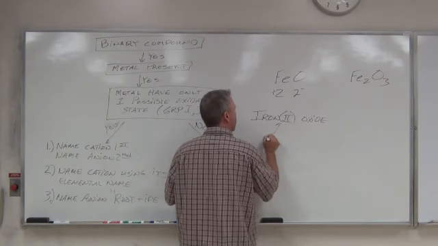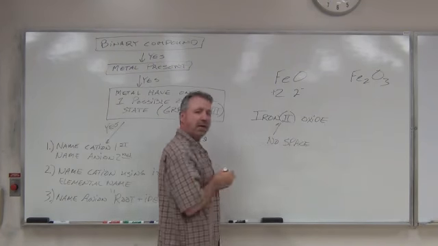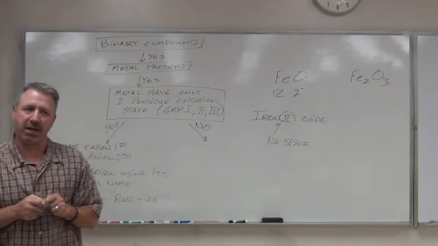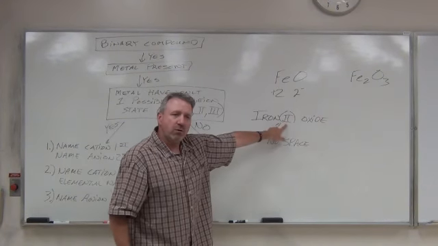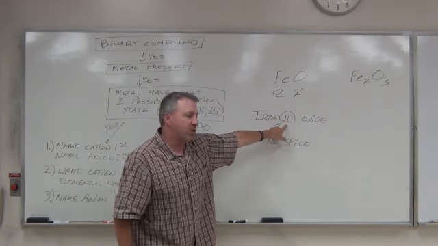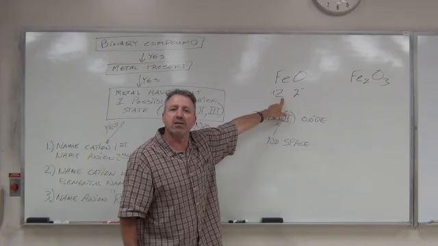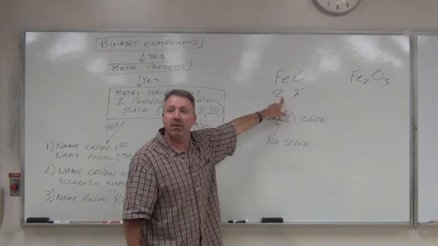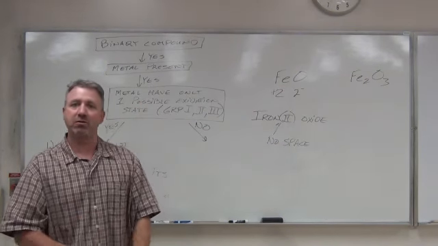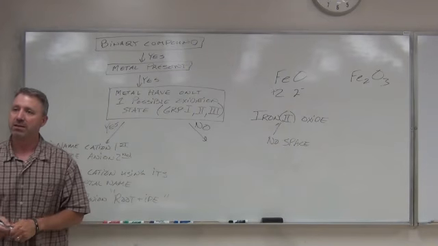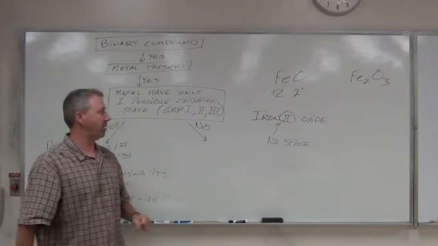Notice here there is no space. You go right into the parentheses. The Roman numeral tells you what the charge on the transition metal is, because you don't know what it is. It's not like magnesium, which is in group 2, so I know what its charge is. Iron can have multiple possibilities, so we have to figure out what it is.